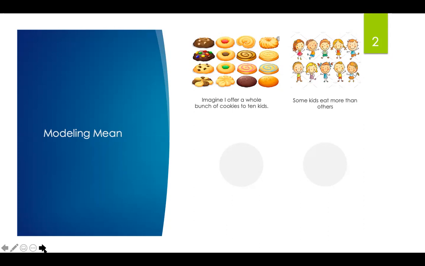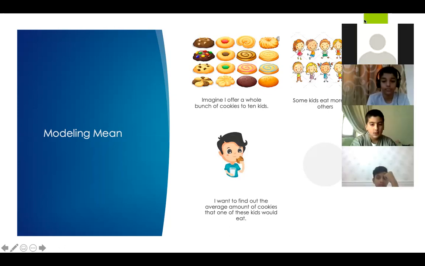So we don't know exactly how many cookies each child would eat. I want to find out the average amount of cookies that one of these kids would eat. So what is the problem here? What am I supposed to be looking for? The average, exactly.